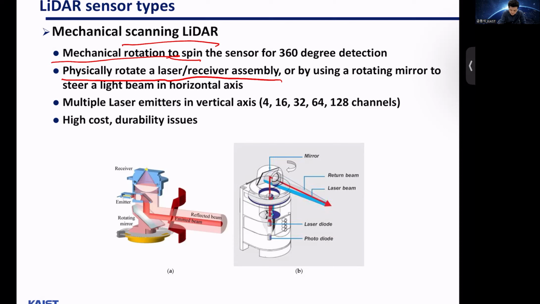Or you can do it by rotating a mirror. And if you need multiple channels, you need multiple laser emitters on the vertical axis. Usually, this LiDAR tends to be high cost and prone to durability issues. Both the cost and the durability and maintenance issues come from the nature of the laser.